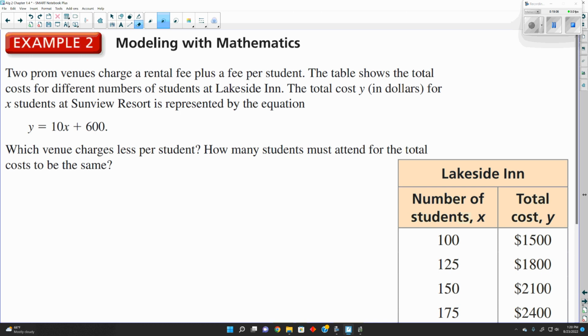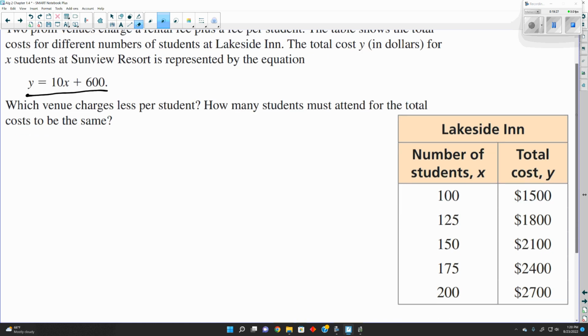The total cost y in dollars for x students at Sunview Resort is represented by this equation. Which venue charges less per student? And how many students must attend for the total cost to be the same?